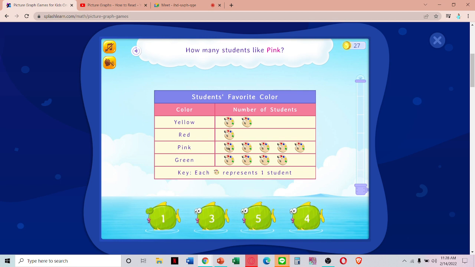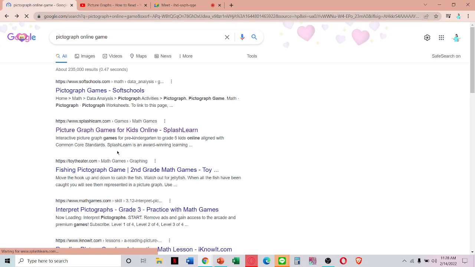If this one is five. 5, right? Easy because it's only equal to 1. Why? It takes a long time. Loading.